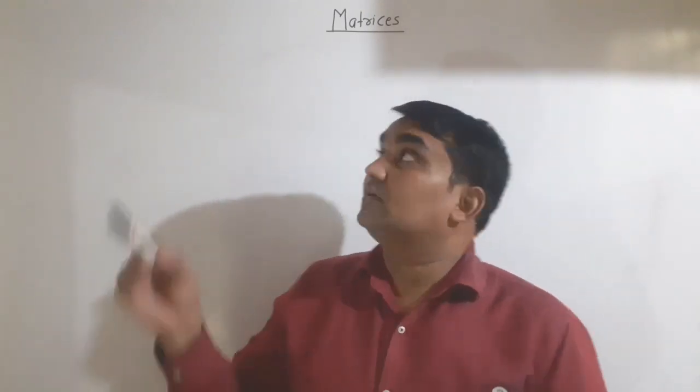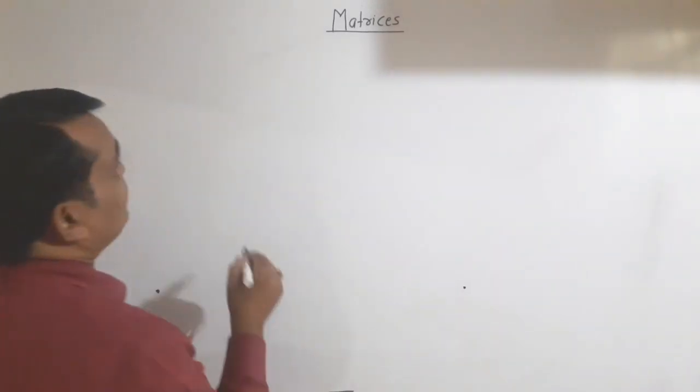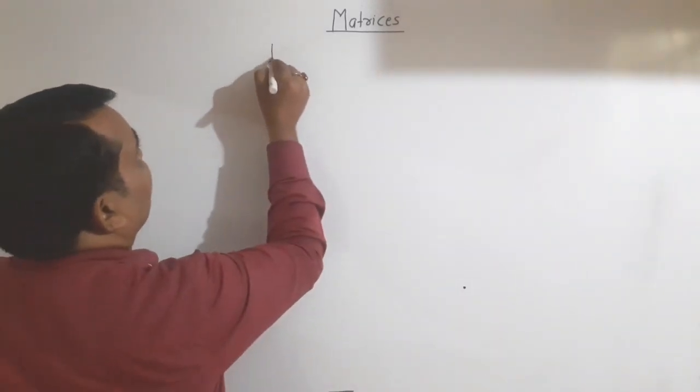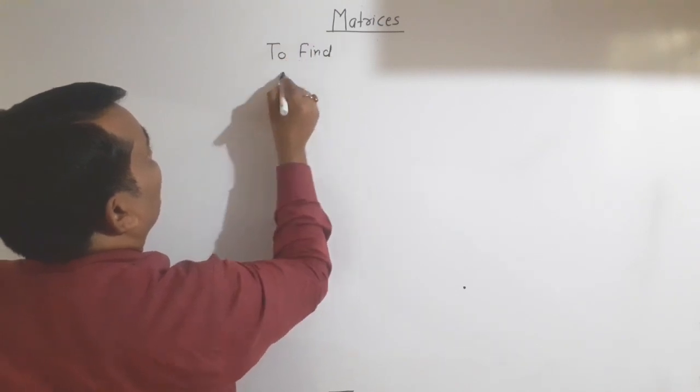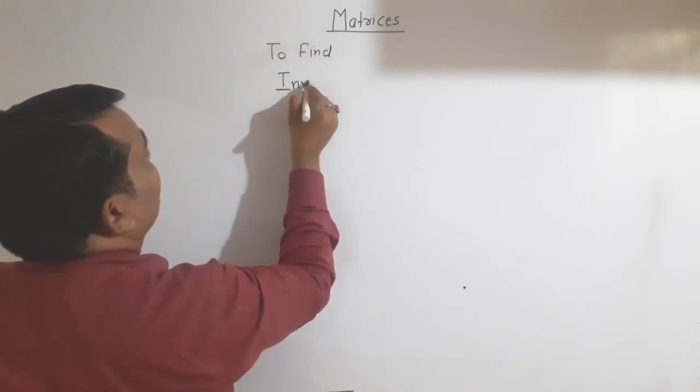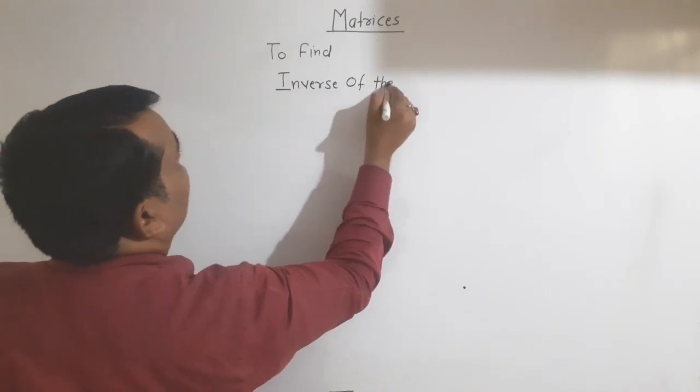Hello student, today we are going to start with matrices. Now you can see in matrices, after addition, subtraction and multiplication of the matrices, we have to work out, in 12th standard basically, to find the inverse of the matrix.